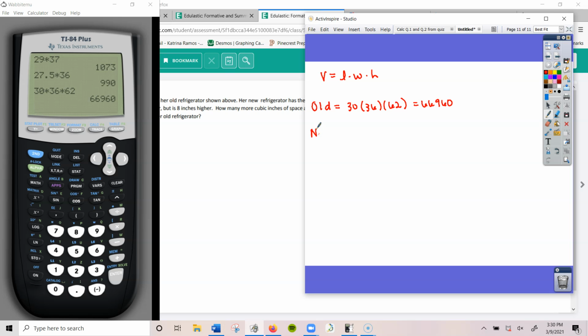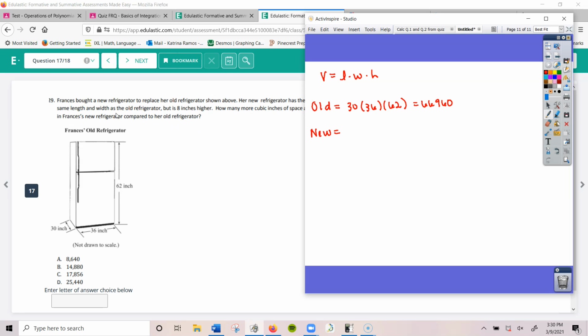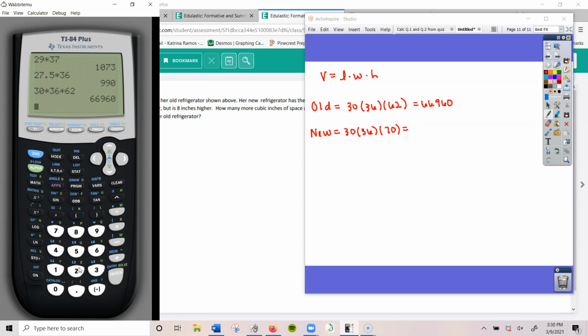Now we need the volume of the new refrigerator, which is 8 inches higher. So this 62, I would have to add 8 inches, so it would be 70. So 30 times 36 times 70 gives me 75,600.